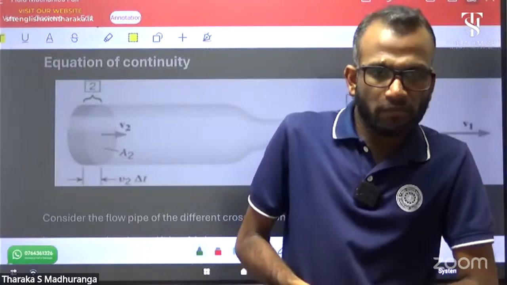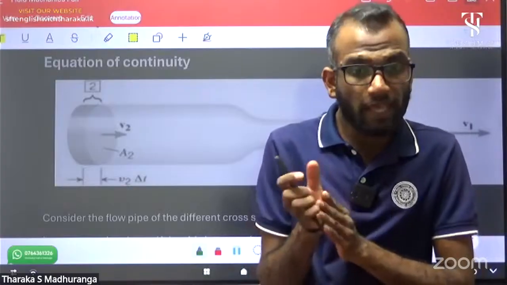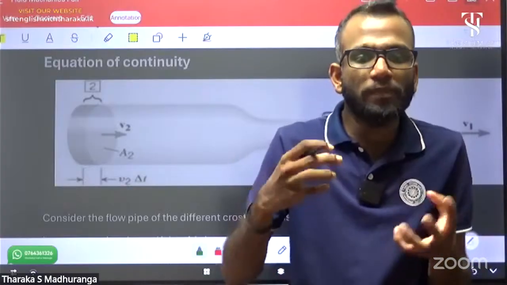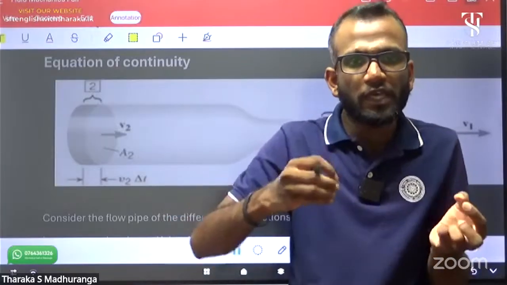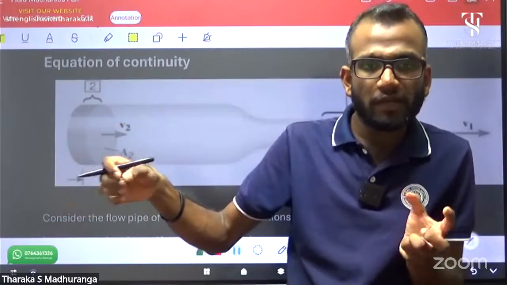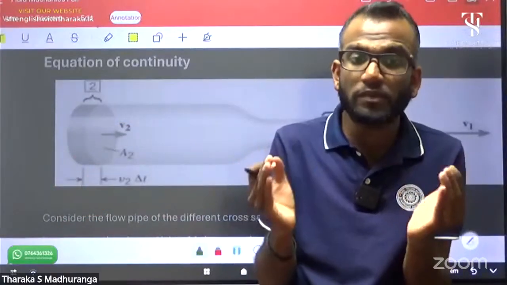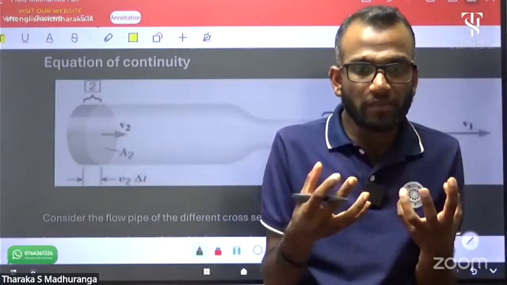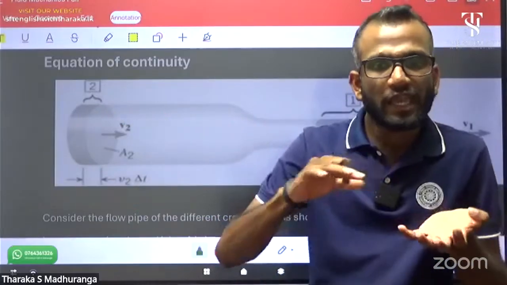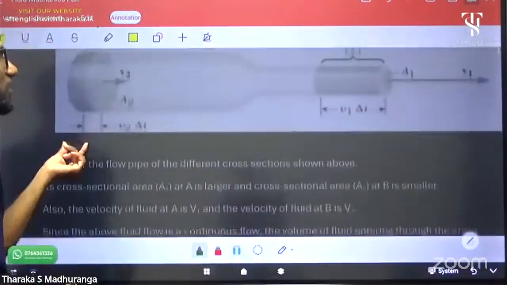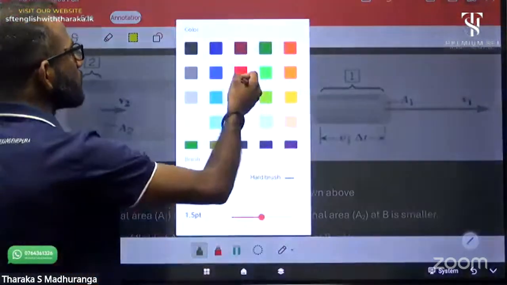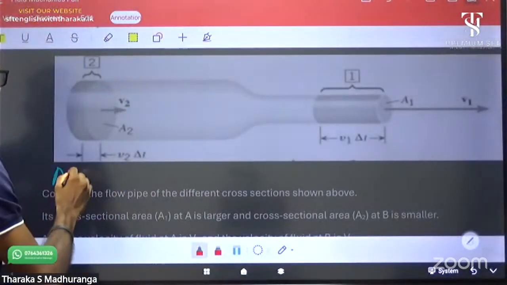If any fluid is flowing steadily, meaning continuously flowing, the volume entering a pipe equals the volume leaving from the other end within the same time. That we call continuity, flowing with steady condition, right? Then I told you we can get the continuity equation, A1 V1.